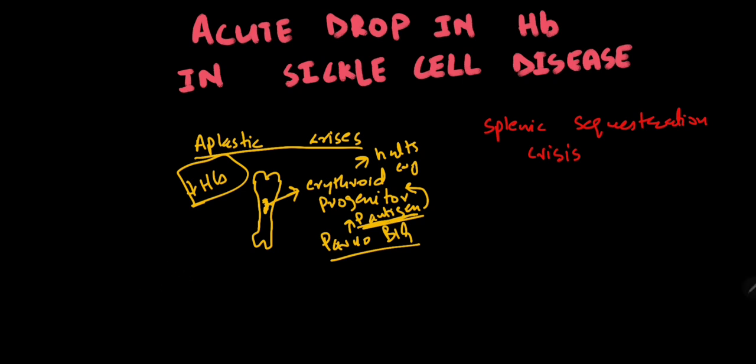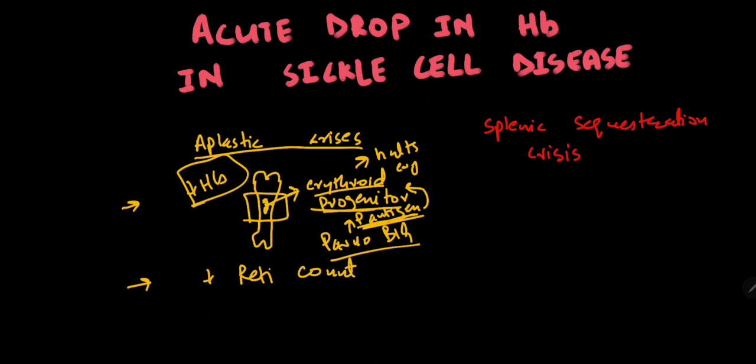But in aplastic crisis, the bone marrow itself is damaged. The erythroid precursors are themselves damaged. So do you think that there will be increased retic count? Obviously, there will be a drop in retic count, because these erythroid progenitors lead to increased retic count, but the erythroid progenitors are not even working here. So retic count decreased.